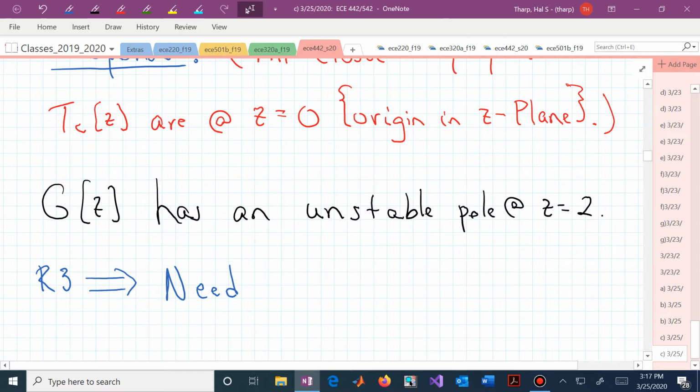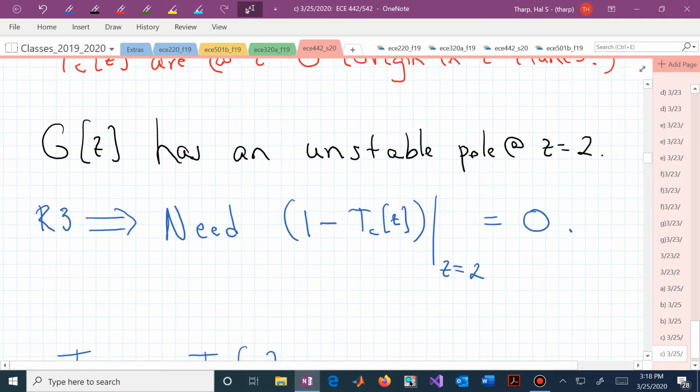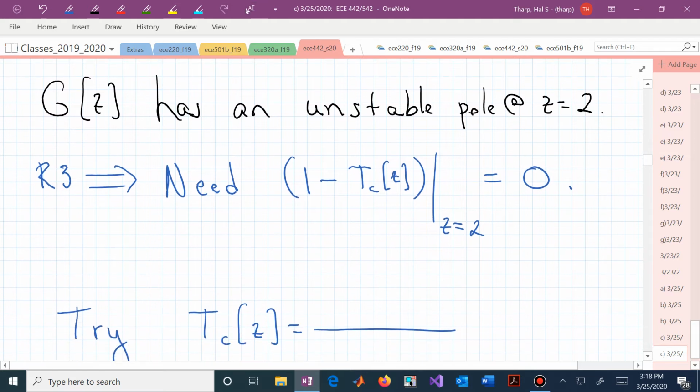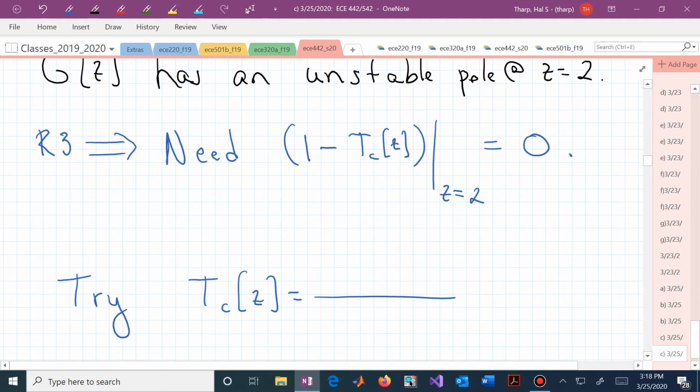Now that g of z has an unstable pole at z equal to 2, we need 1 minus t sub c of z evaluated at the unstable pole location to be 0, so that there's a zero factor in the expression for 1 minus t sub c of z.